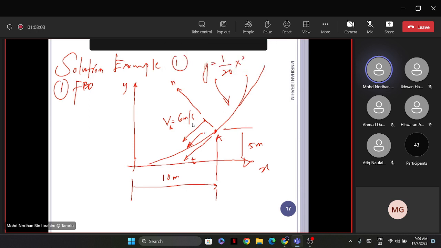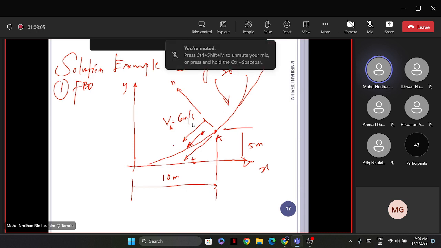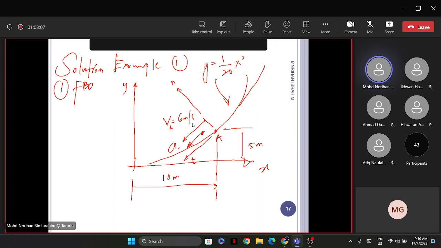So we have this acceleration aA, which we need to state as representing aA tangent, the tangent component of acceleration, where aA tangent is equal to 2 meter per second squared.